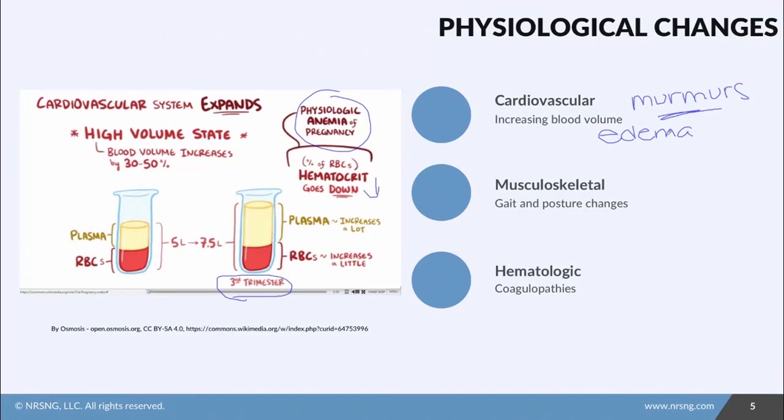And then our heart rate is going to increase 10 to 15 beats per minute, which is usually what's expected. And then our blood pressure is going to be reduced, usually in the second trimester, where it'll be at its lowest point, sometime in the middle there.